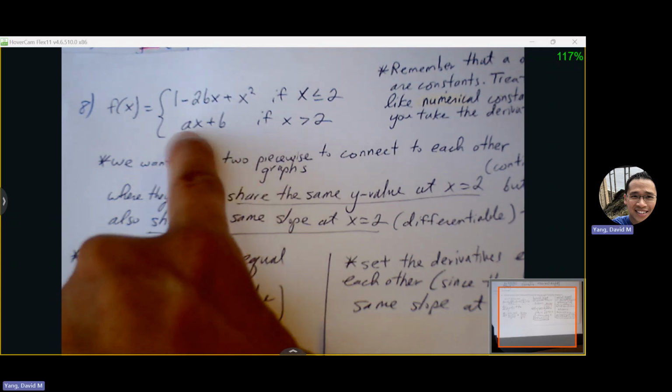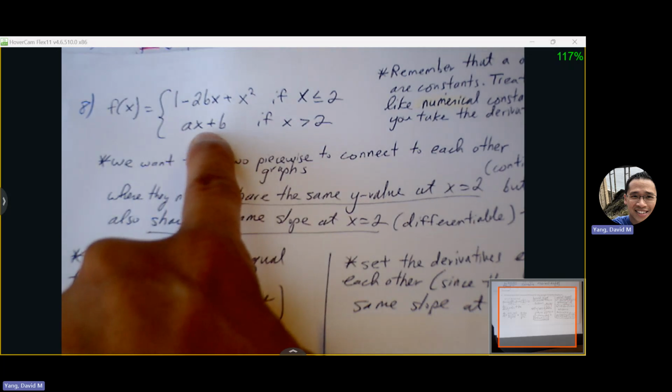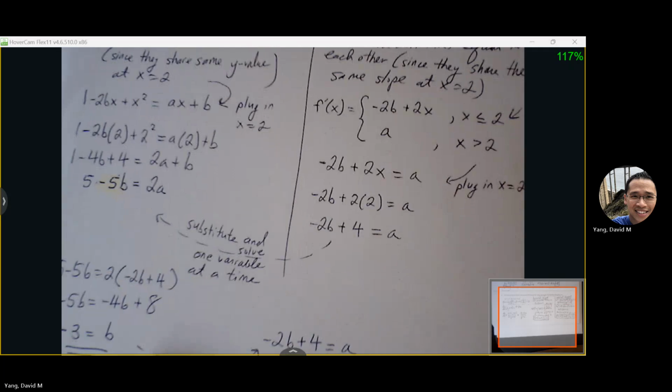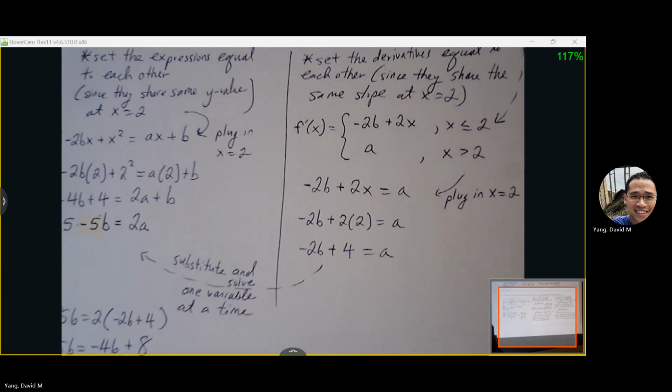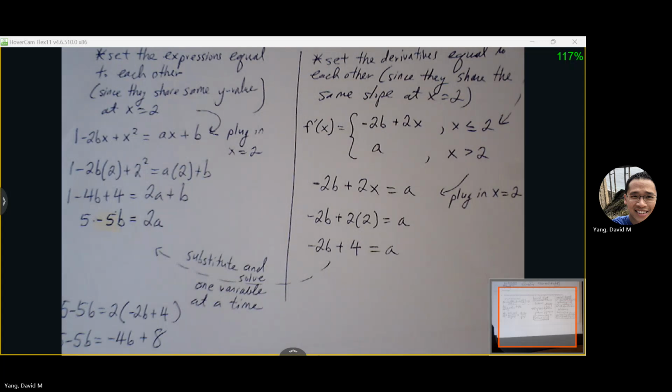So the only thing that comes out of ax plus b is just a, right? So we set the two sets of derivatives equal to each other, replace every x with 2. And in this case, I get negative 2b plus 4 equals a.